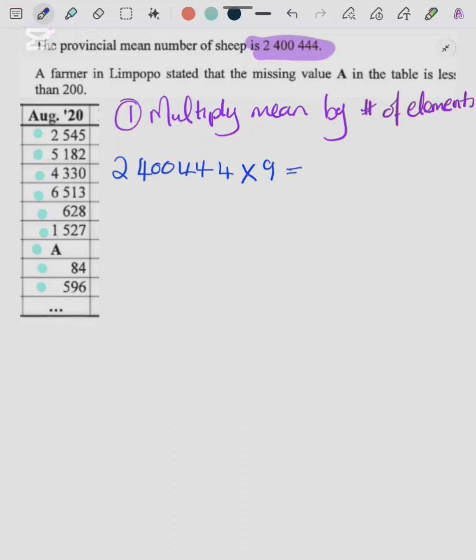If I do that, I'm going to get 21,603,996. Okay, that's my first step.